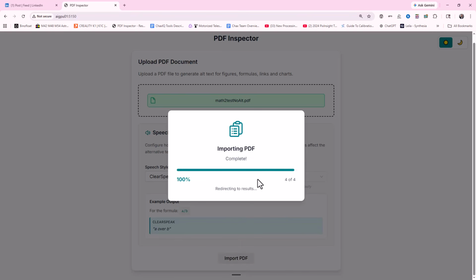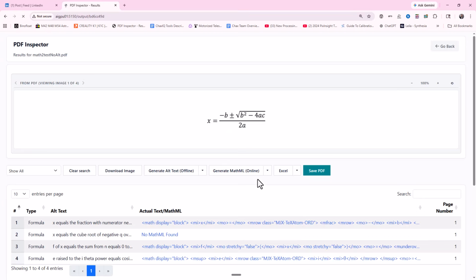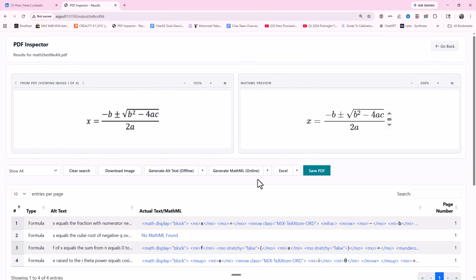And this is where the magic happens. Our AI, proprietary, on-prem AI, not a ChatGPT, goes through the document, analyzes those formulas based on your formula tags, and then renders the MathML and the alt text. And so what we need to do now is, like we say with every piece of AI assisted technology out there, it needs to be reviewed by a human.